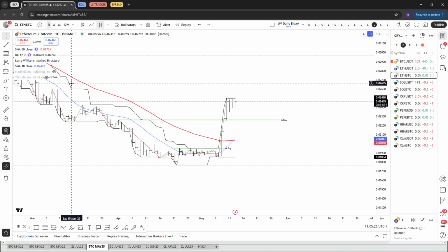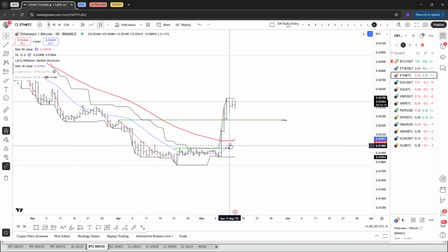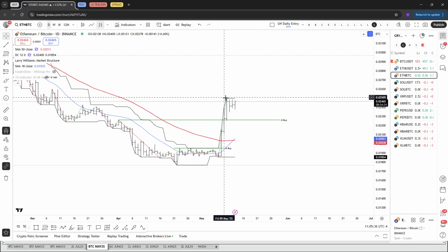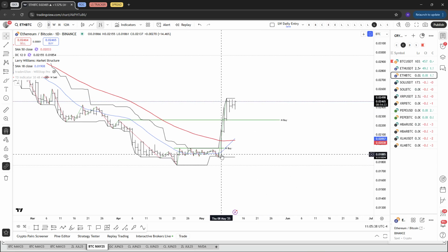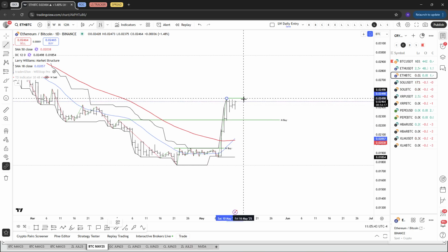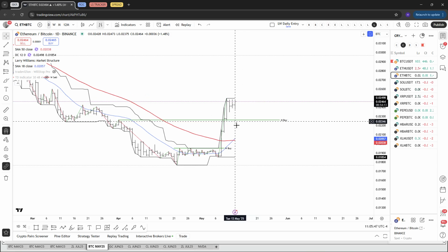So what we see here is I've got the 12 Donchian, which is this black line. This is the 12-day high of the last 12 days. We see we've taken it out. That's usually a pretty good sign that the trend has changed. We have not got the full follow through on the 18 period MA, so we need to see ETH BTC trade up through this high, and if it does that, then we've got the 18 period moving average confirmation that we are in fact in a bull trend in ETH BTC.